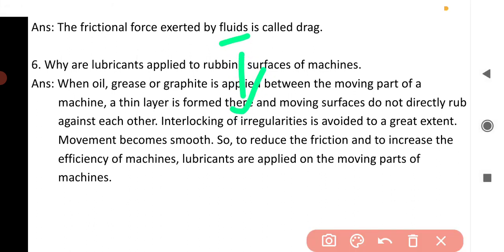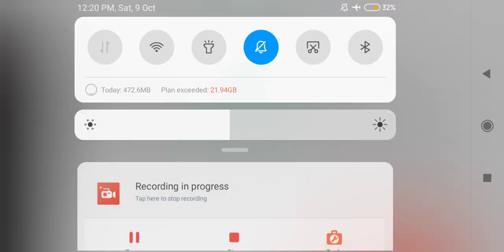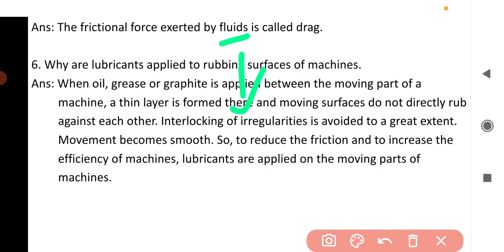The substances which are able to flow very easily are called fluids, and these fluids have no fixed shape. Liquids and gases are fluids because they can flow very easily. The most common example of liquid is water, and the most common example of gas is air. So water and air are the most common examples of fluid.